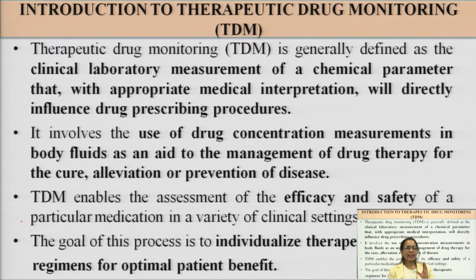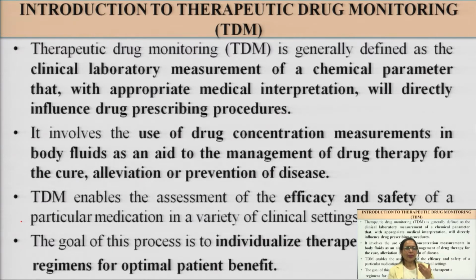So, it is mainly for proper drug prescription and proper therapy, meaning proper treatment of the patient. This is a clinical laboratory measurement. That means we take the plasma and detect how much of that drug is in the plasma, and that is mainly what will be monitored.